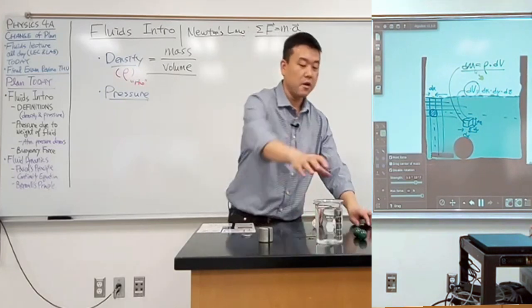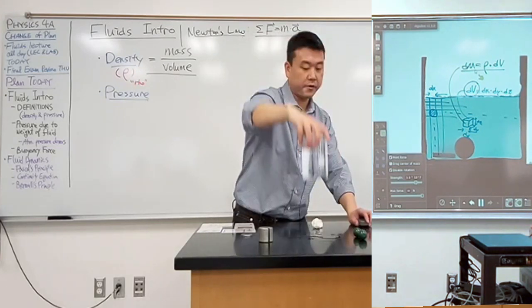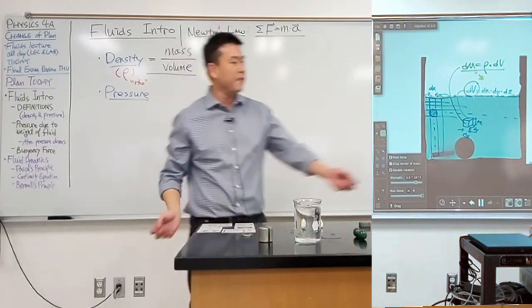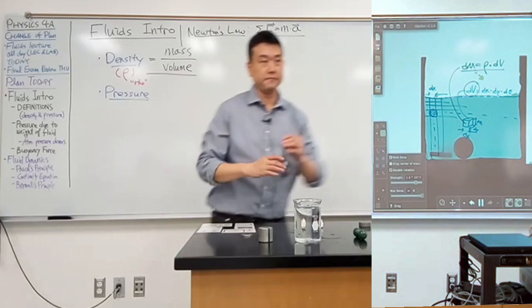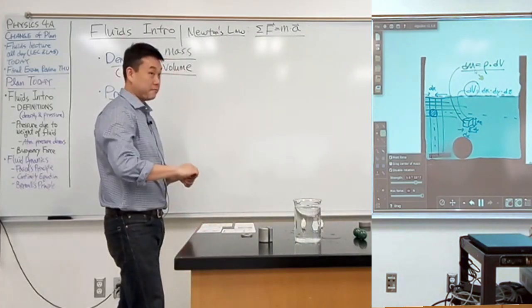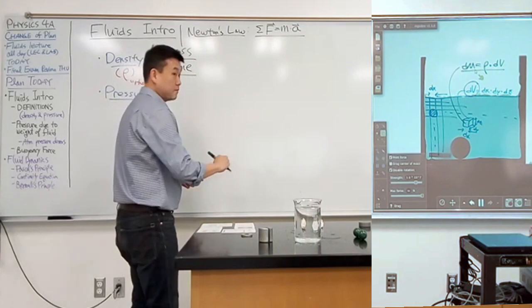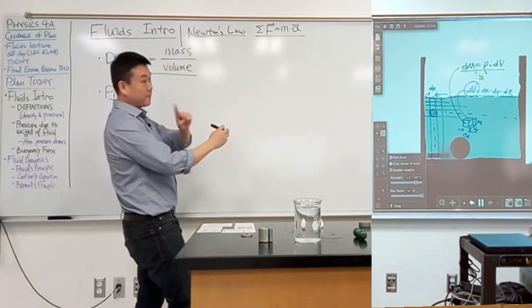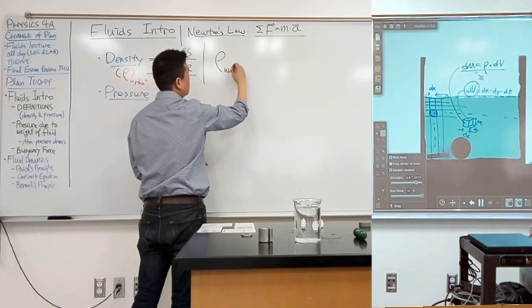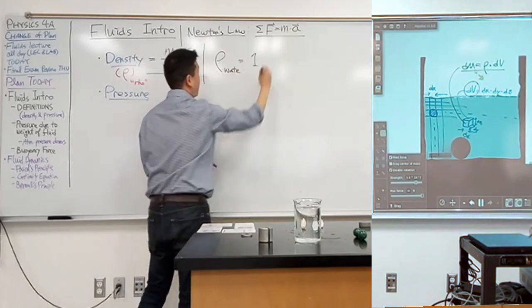What's the version you heard for the density of water in your chemistry class, or some really convenient number that you might remember? 1? Maggie, were you saying 1? Yeah, so 1 is the correct number in the correct unit. So what is it in units of? It is 1 what?